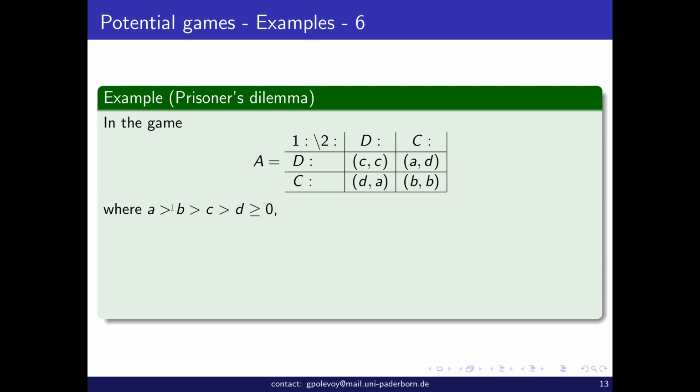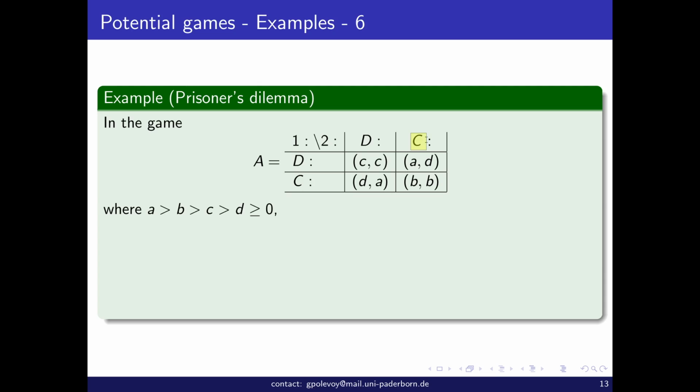I require A is strictly greater than B, strictly greater than C, strictly greater than D, which is non-negative. So it's always better to defect than to cooperate, because C is better than D. So if the column player defects, for the row player, it's better to defect than to cooperate.